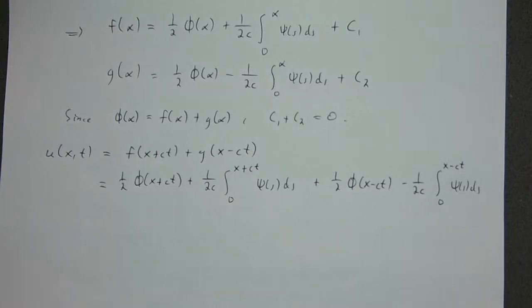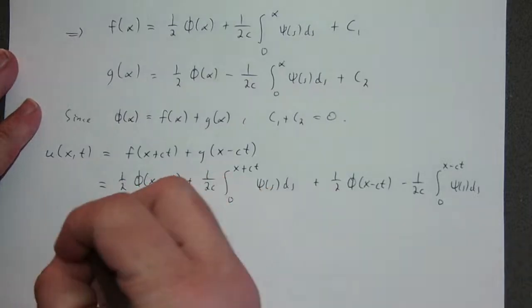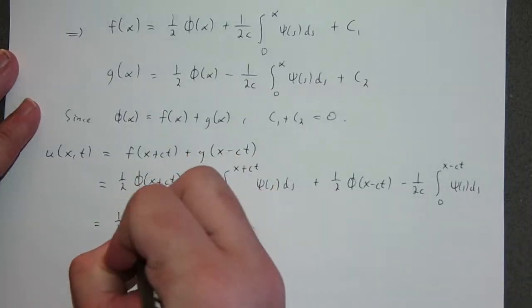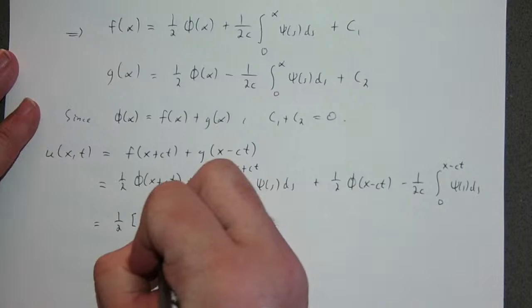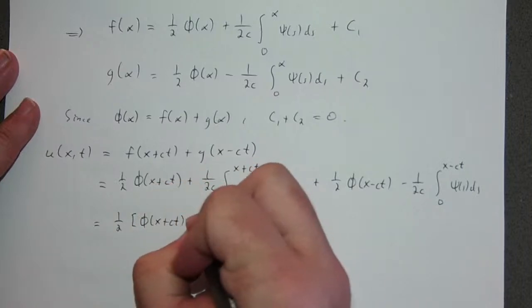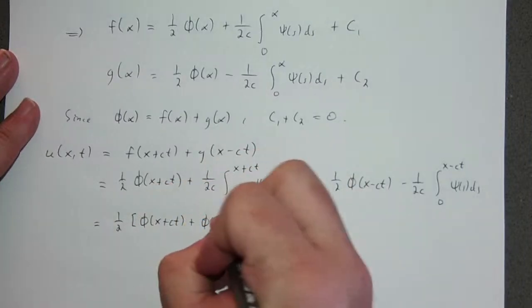Oh, right. What do I do here? So I can combine these two. So this is 1/2 times phi of x plus ct plus phi of x minus ct.